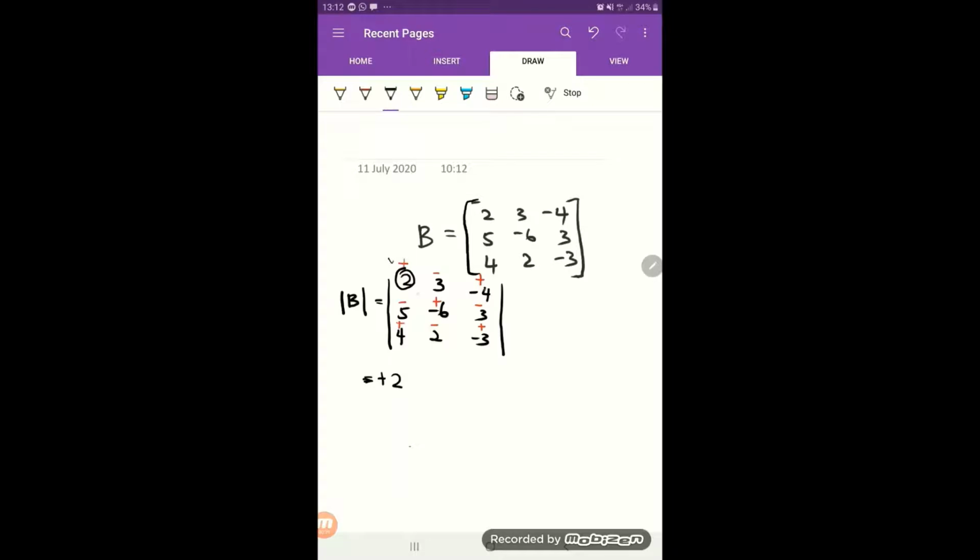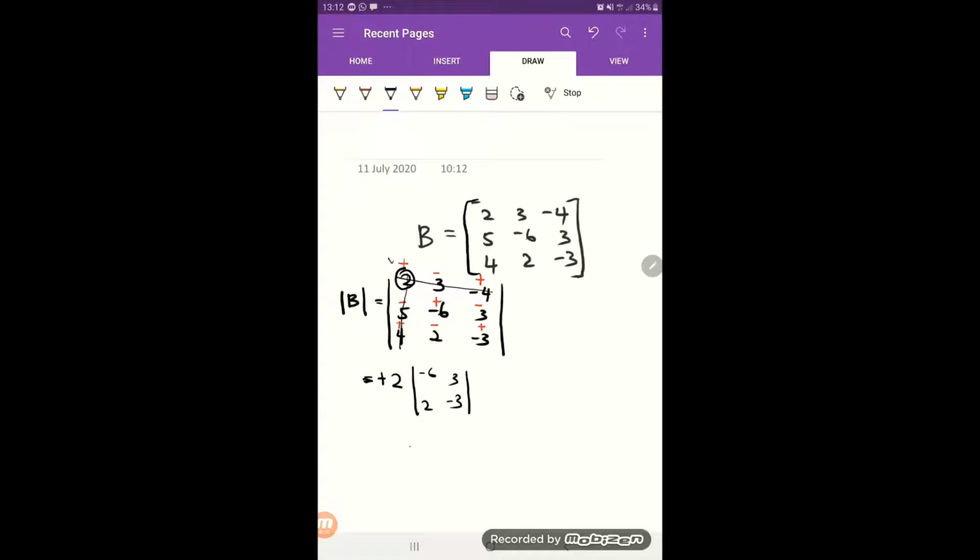And we delete the first row and the first column. The numbers not deleted are negative 6, 3, 2 and negative 3. Put them in the absolute sign here.